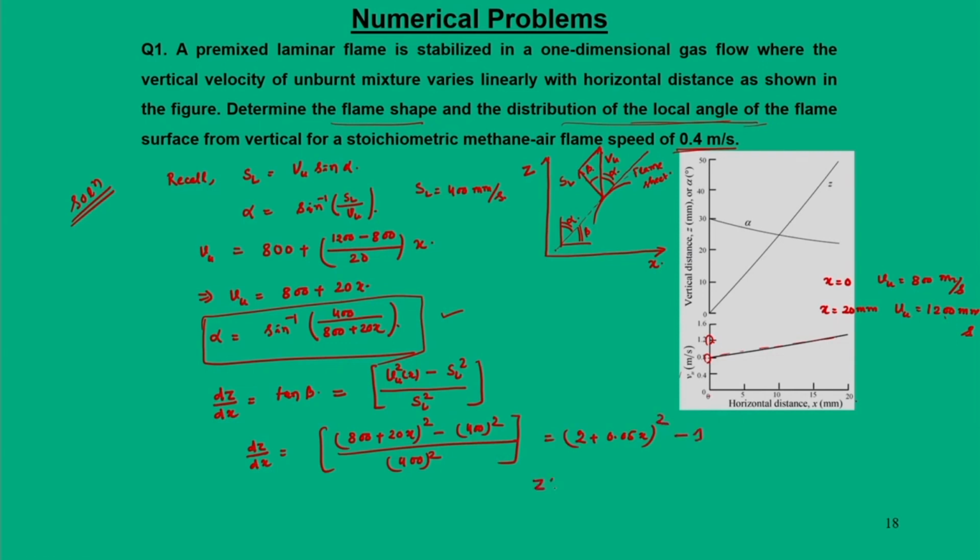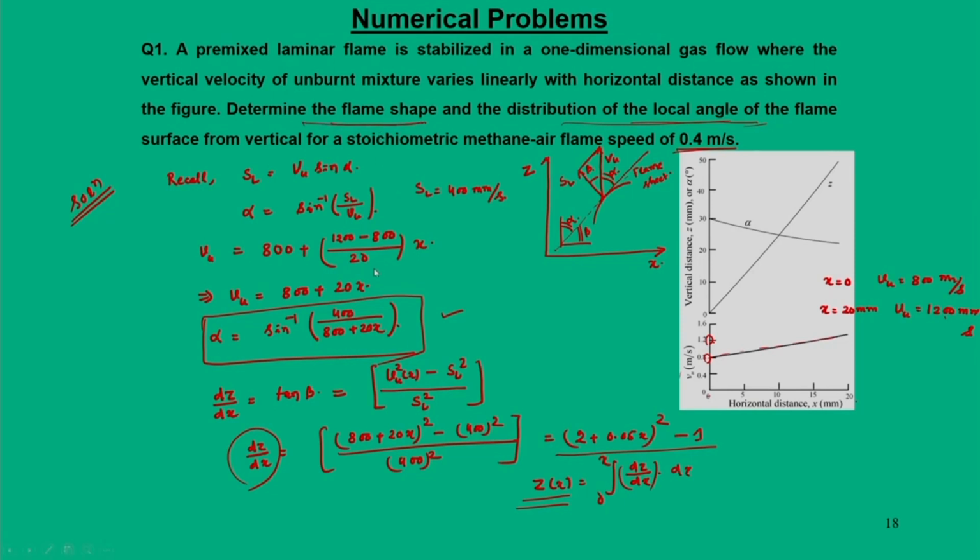So, z of x is nothing but integration of dz by dx from 0 to x. So, we know dz by dx, we can find the integral into dx. So, these equations can be integrated to get the flame shape.